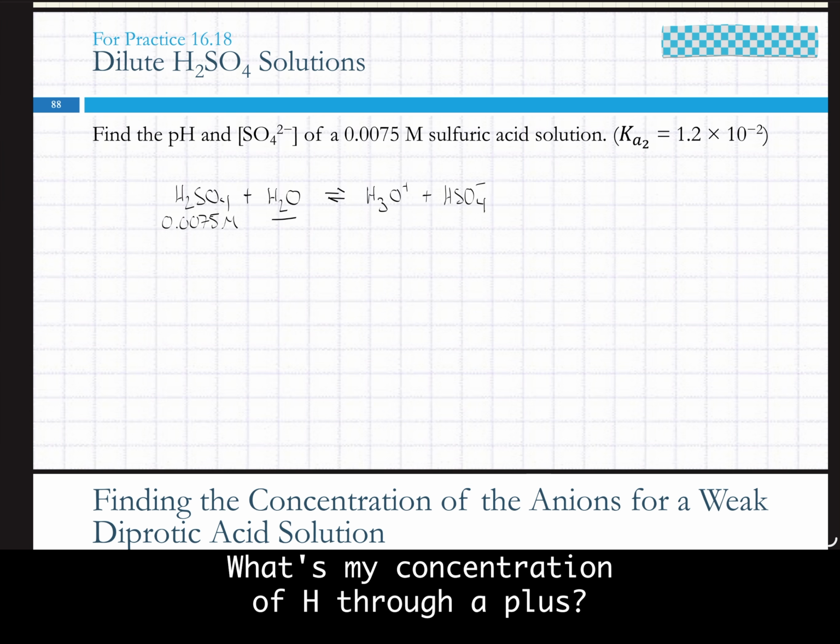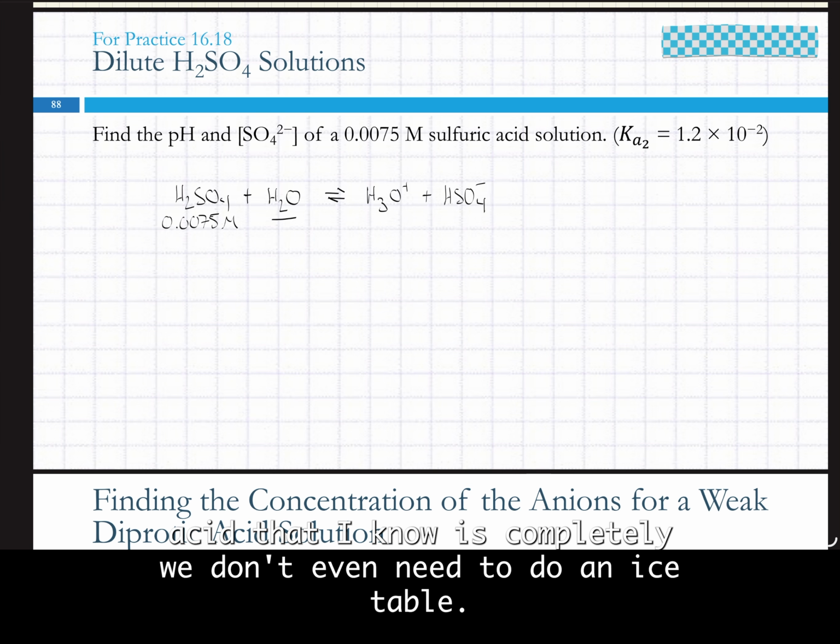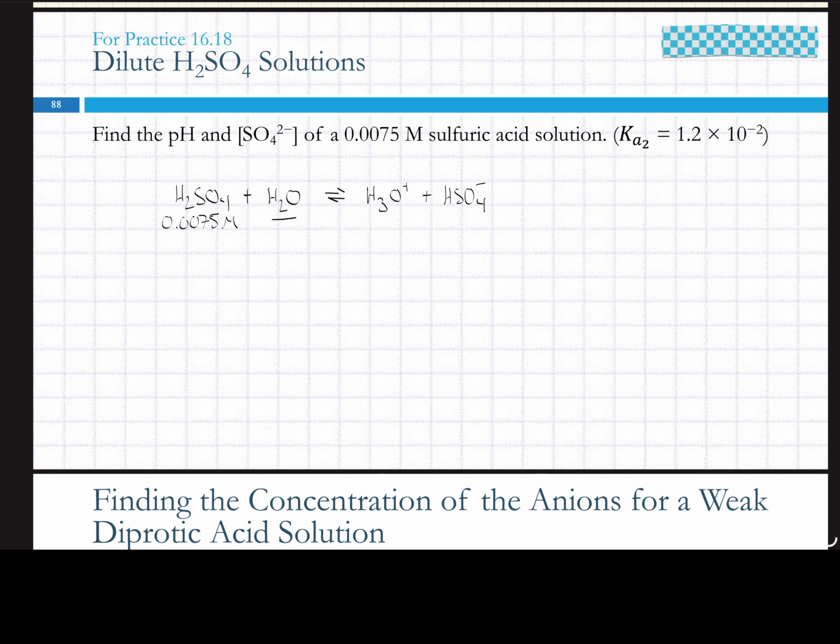What's my concentration of H3O plus going to be? 0.0075. It's a strong acid. It ionizes completely. We don't even need to do an ice table.